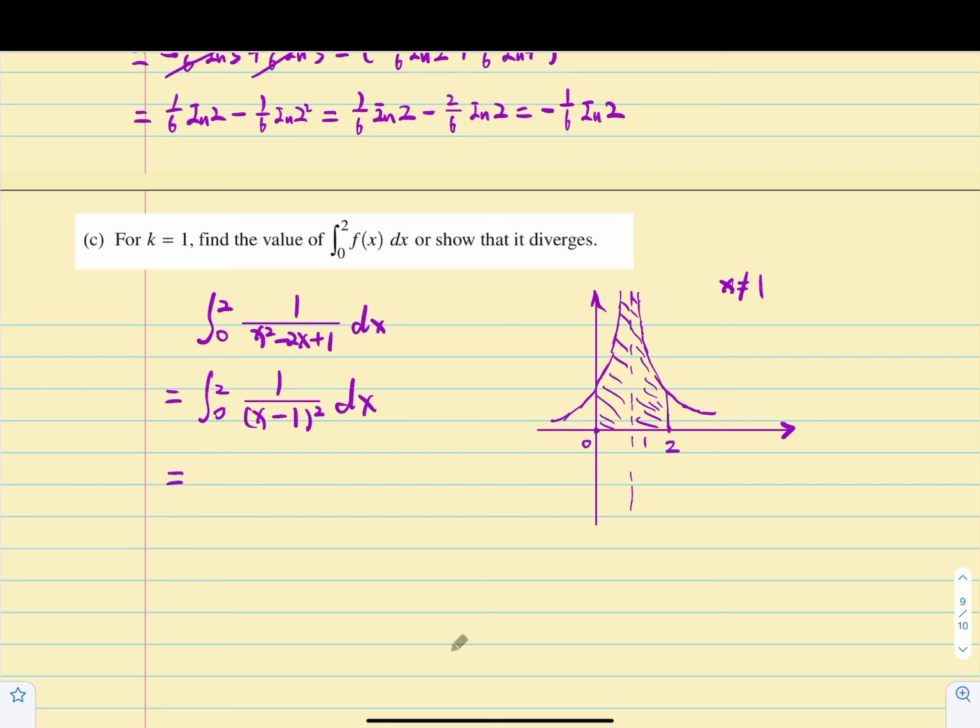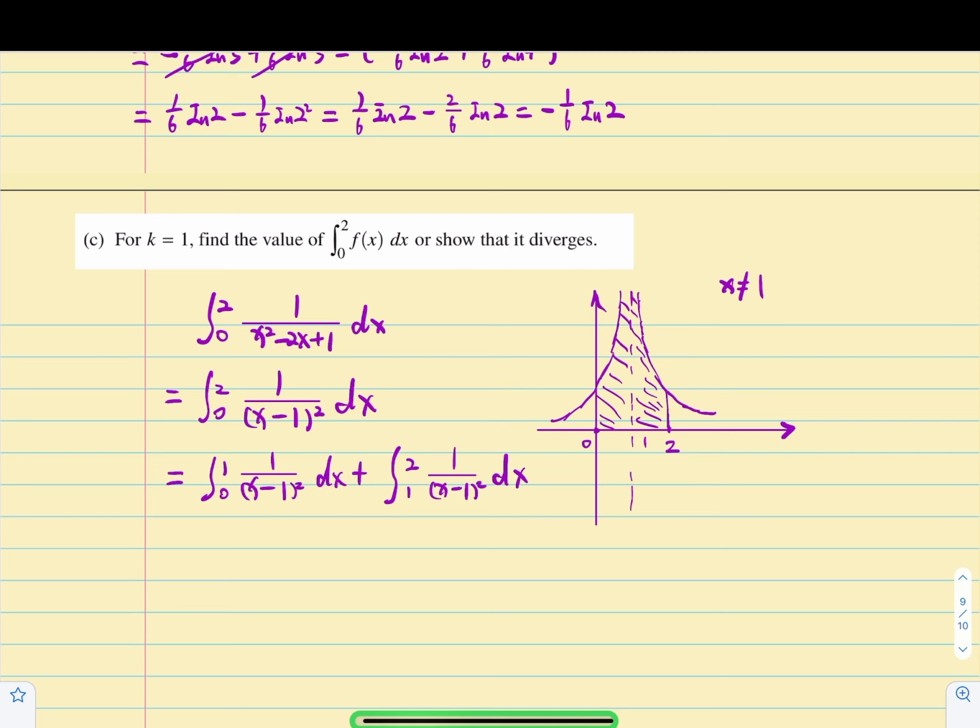So we can separate it from 0 to 1 of 1 over x minus 1 squared dx, plus from 1 to 2 of 1 over x minus 1 squared dx. So we just change it into two parts, from 0 to 1, then 1 to 2.